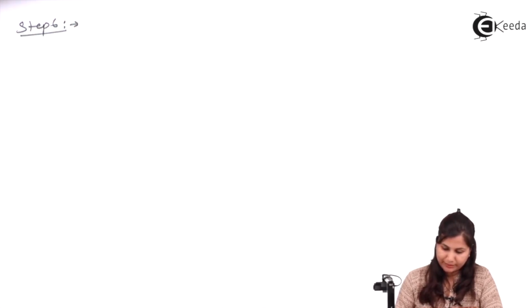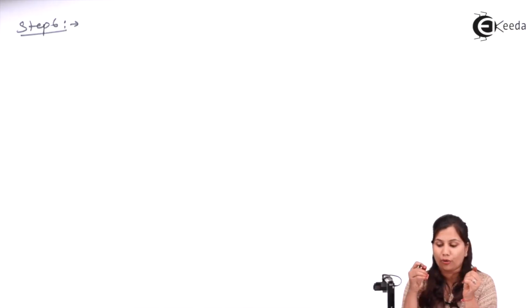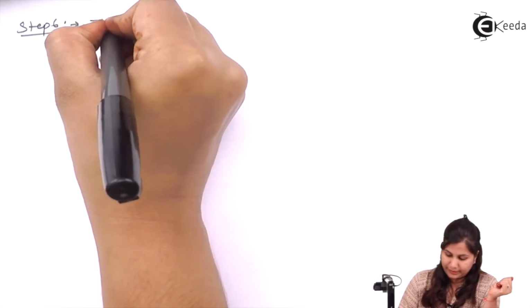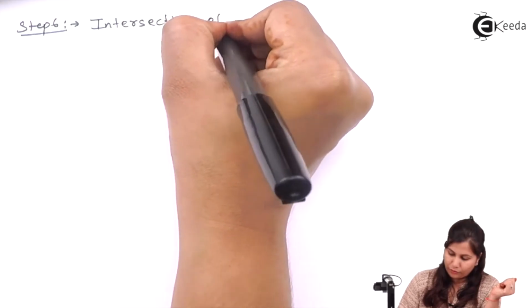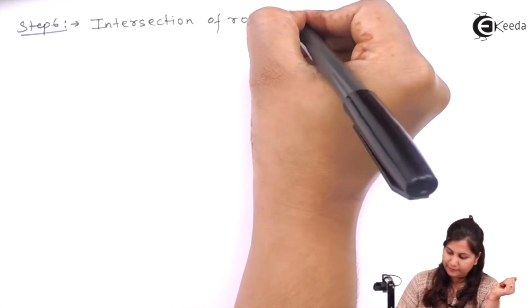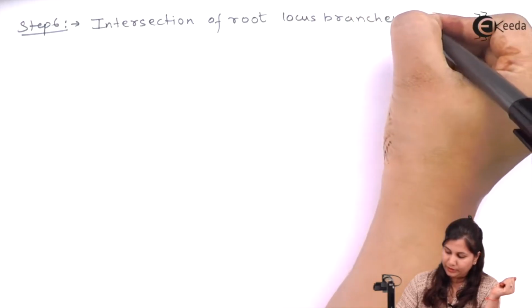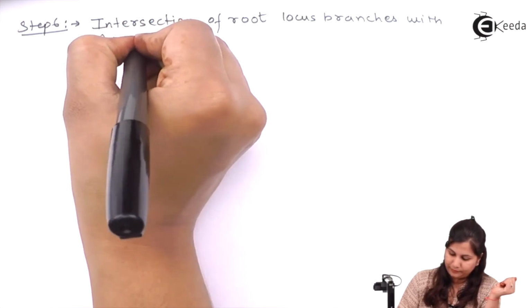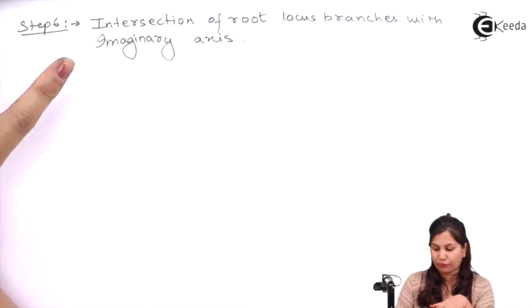Now in step number 6, we will determine the intersection of the branches of the root locus with the imaginary axis. We had two methods to find this.